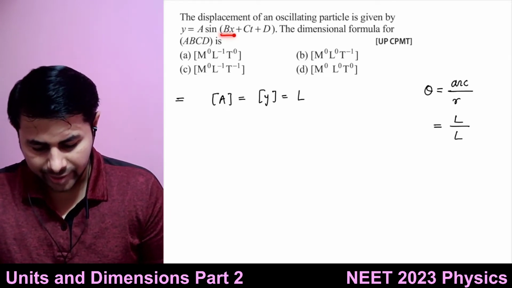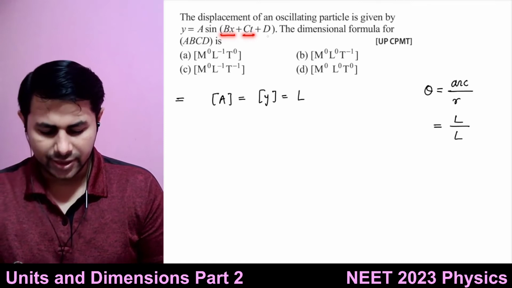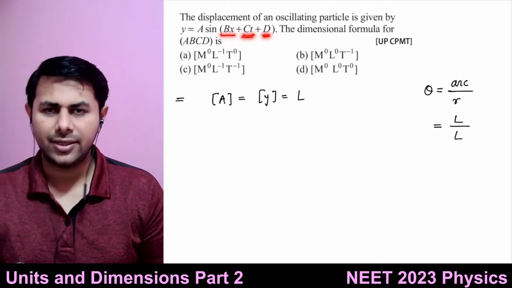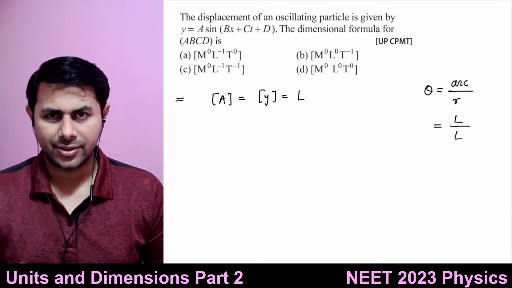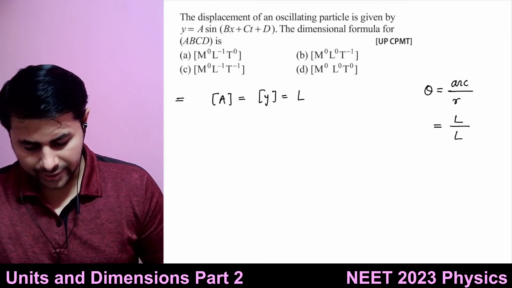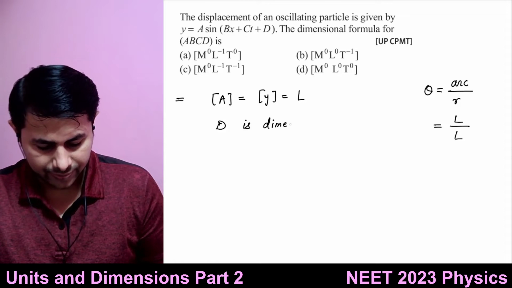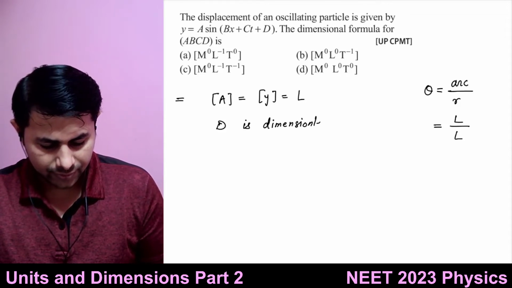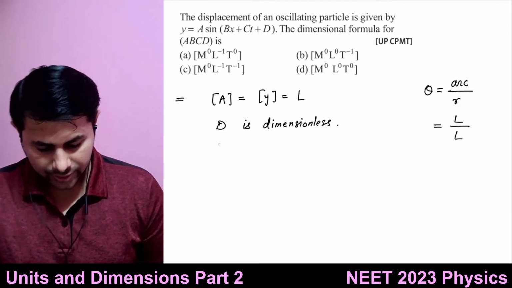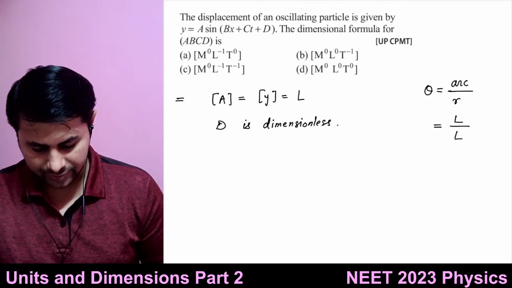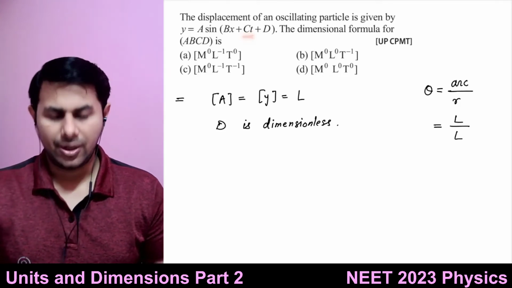That means b times x, c times t, and d have no dimensions. So I can say d is dimensionless already. And ct is dimensionless, c times t has no dimensions.